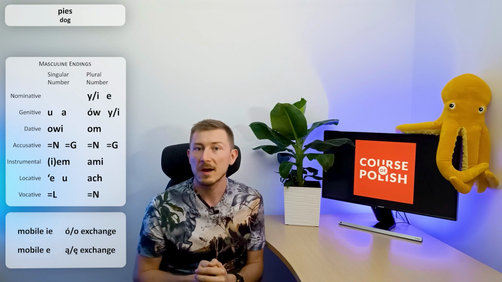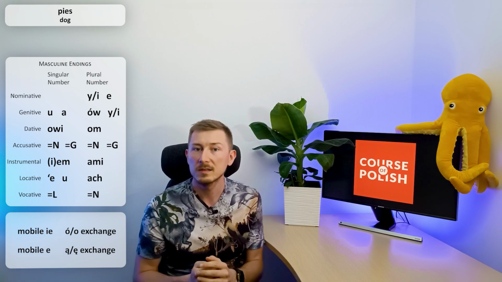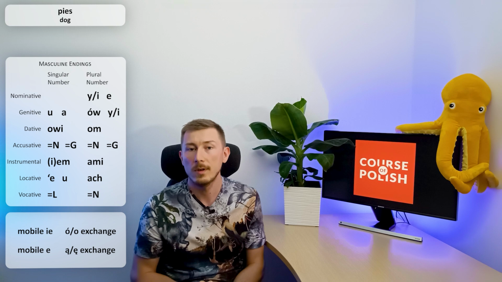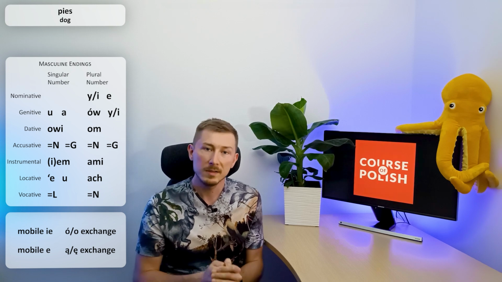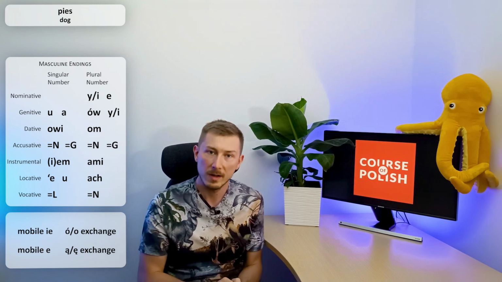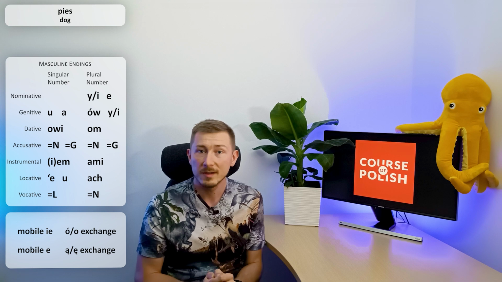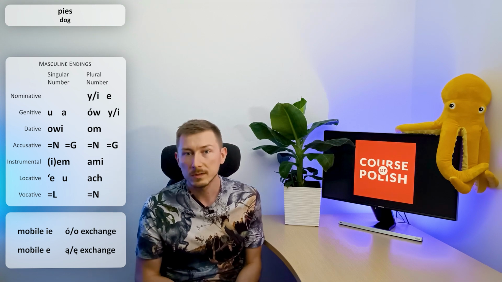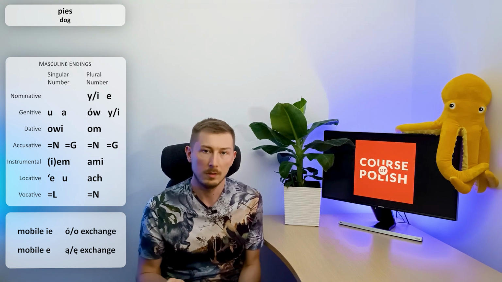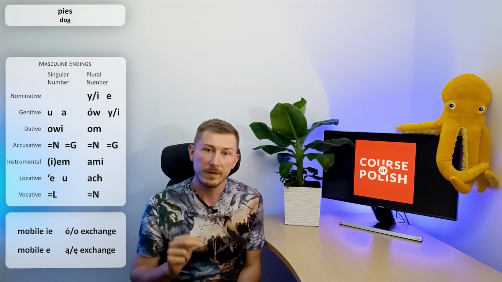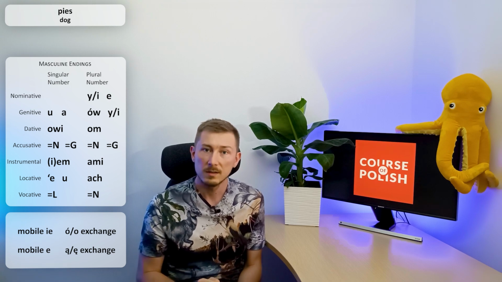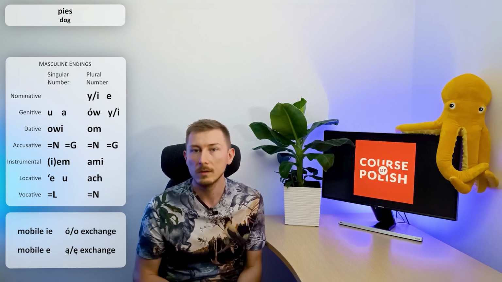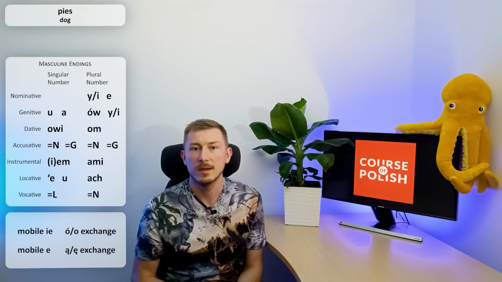You have to learn by heart if a given noun has one of these common irregularities. If a masculine noun has one of these irregularities, this irregularity happens in all the forms in singular and plural number. In case of feminine and neuter nouns, these irregularities happen only in genitive plural case.